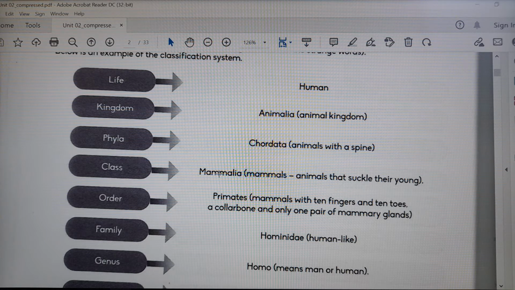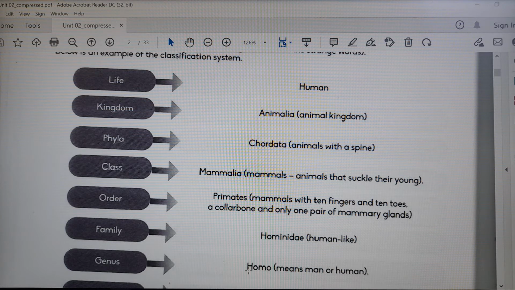And the class, Mammalia, which means mammals, animals that suckle their young. And order, it's Primates, which is mammals with 10 fingers and 10 toes, a collarbone, and only 1 pair of mammary glands. And family, Hominidae, which is human-like.